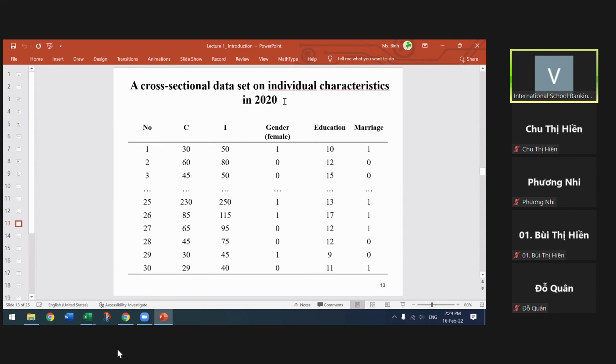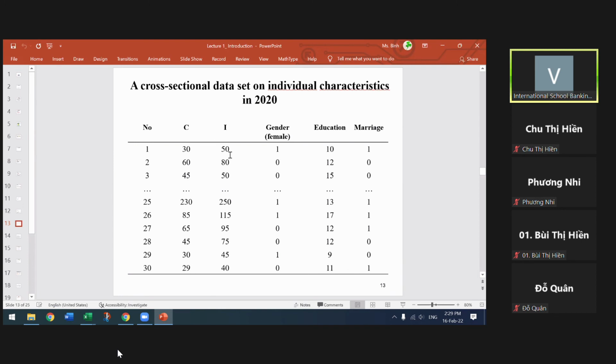In 2020, we did a survey on about 30 individuals and asked them for information like consumption, income, gender, education, and marital status. So this is a cross-sectional data set because it was taken in 2020.